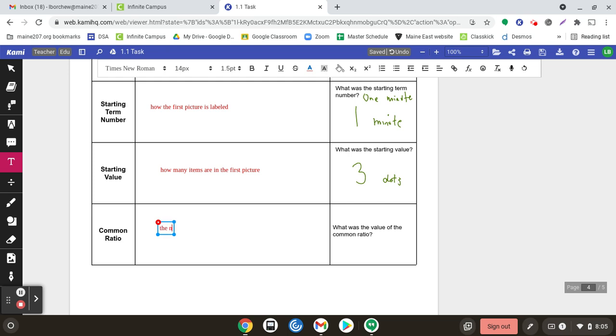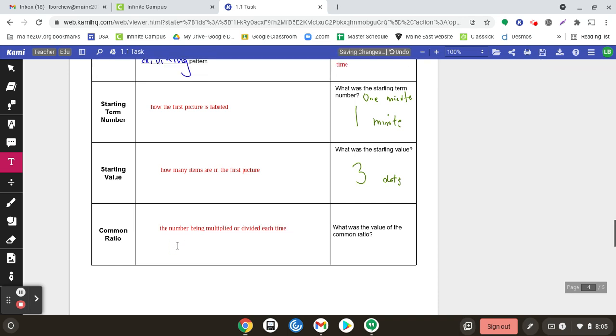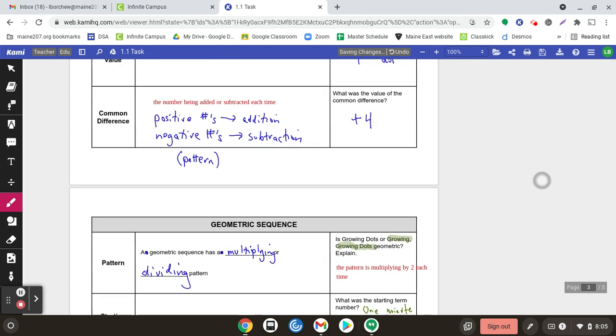Is the number being multiplied or divided each time. So again, you can think of it as the pattern, like we did with the arithmetic sequence, but we want to know the actual value.